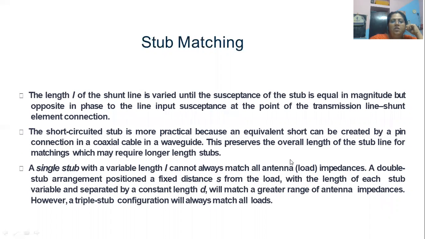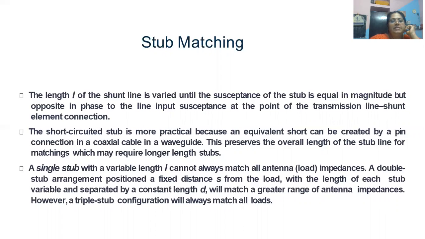The length L of the shunt line is varied until the susceptance of the stub is equal in magnitude but opposite in phase to the line input susceptance at the point of the transmission line, that is, the shunt element connection. So this susceptance of the stub should be equal in magnitude, but opposite in phase.